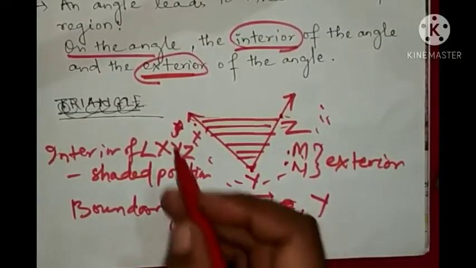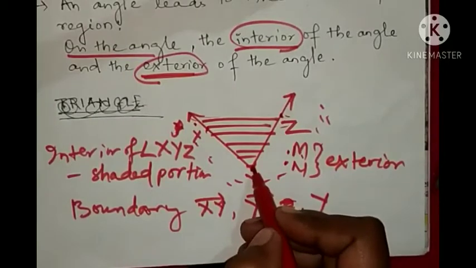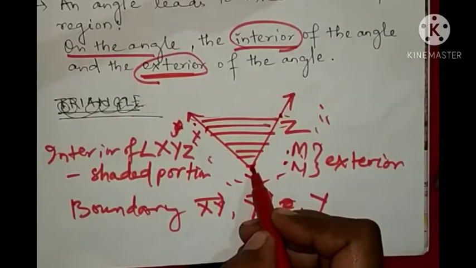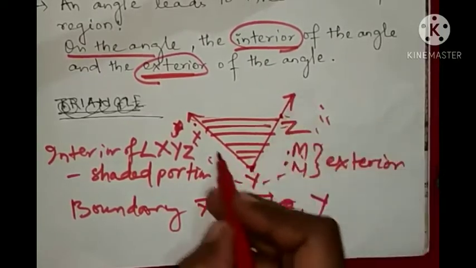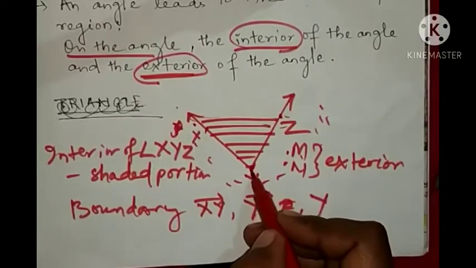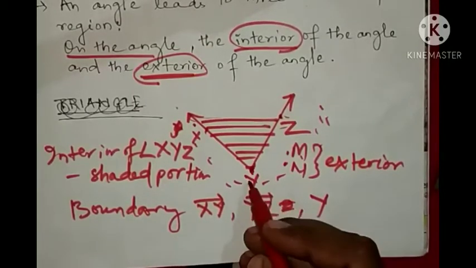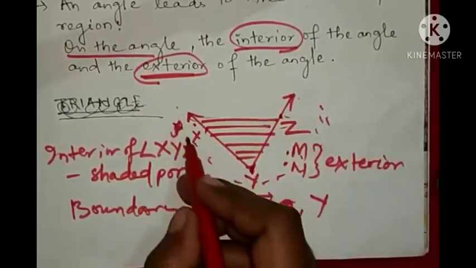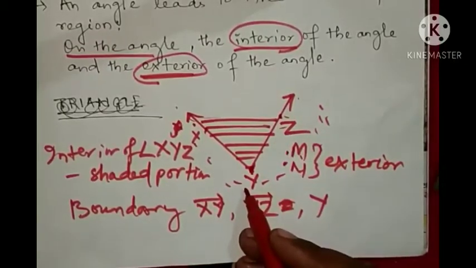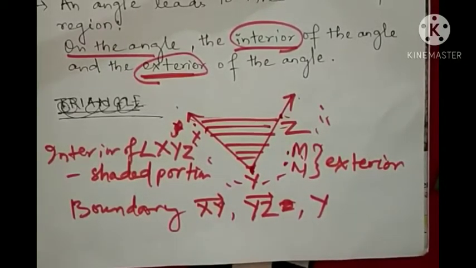So an angle has a common end point or starting point or initial point, and is made up of two rays. Here the common initial point is the vertex Y, and the two rays are XY and YZ. So this is about angles.